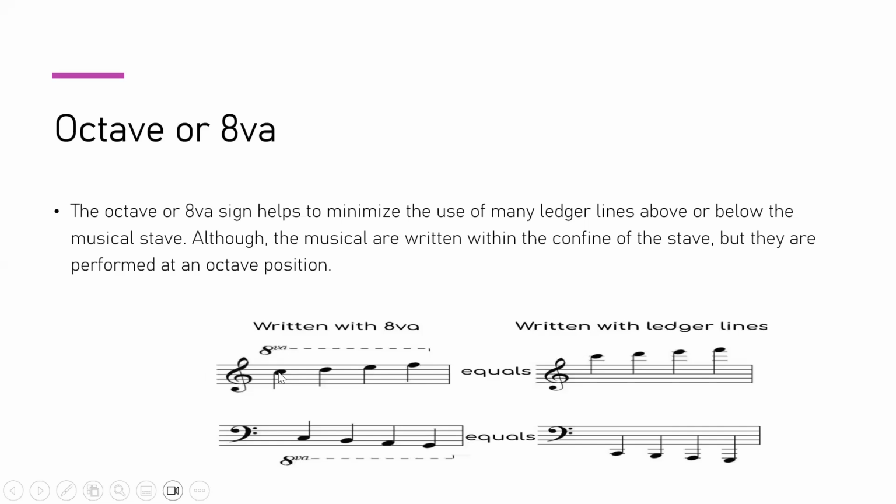So we can say this is re, mi, fa, re, mi, fa. But yeah, we are writing it within the confine of the stave, right? But because of this octave, it should sound re, mi, fa, not re, mi, fa.